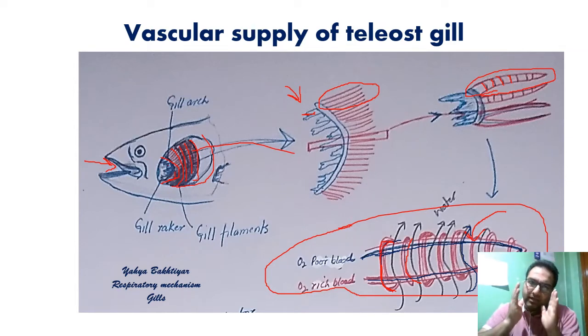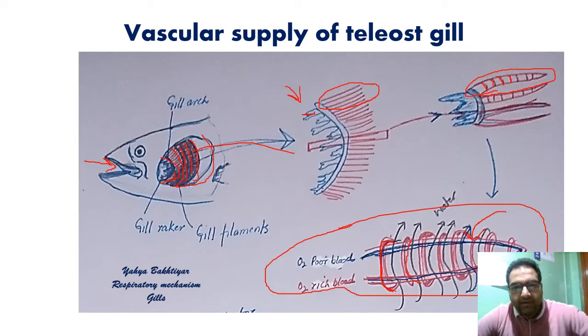We all know that water has oxygen in the form of dissolved oxygen. So the blood which comes through the afferent artery and leaves through the efferent artery comes in contact with the oxygen rich water, and exchange of the gases takes place.